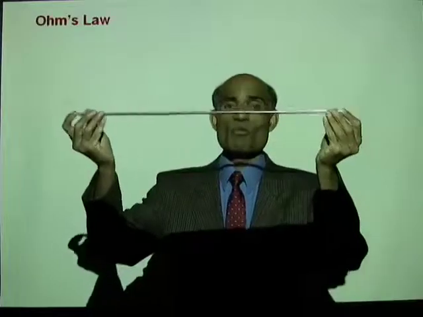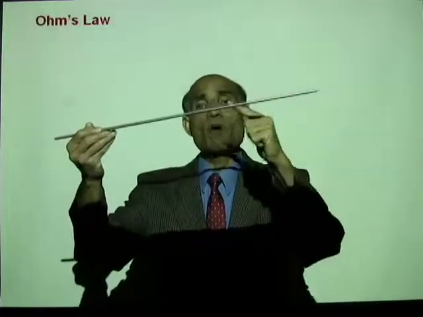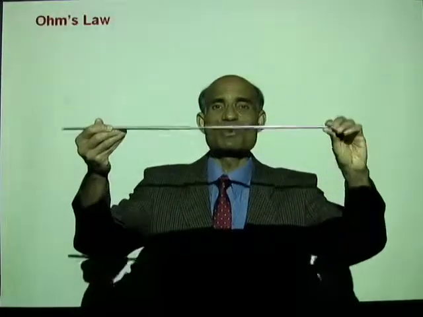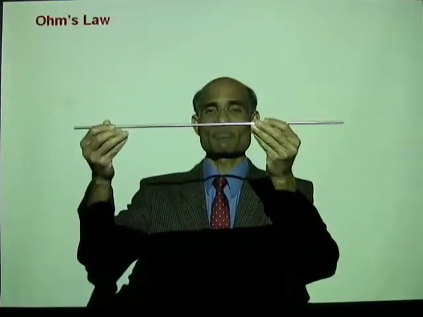Okay, we will now discuss a very important law in electric current, electricity, called Ohm's law. Now, what does Ohm's law deal with? Well, you remember, how will it be possible to make an electric current to flow through a conductor like this?